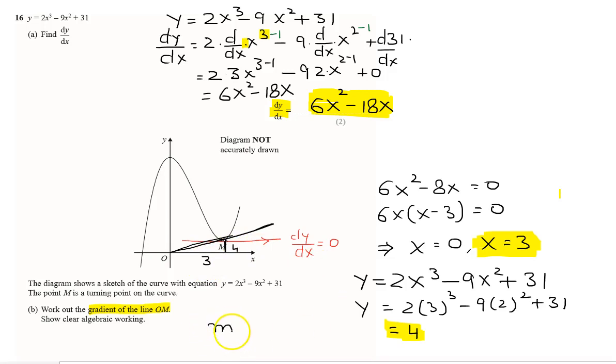So the m will be 4 over 3. So that is the gradient of the line OM. This is passing through the origin, so you need not write 4 minus 0 over 3 minus 0. You can straight away write 4 over 3.